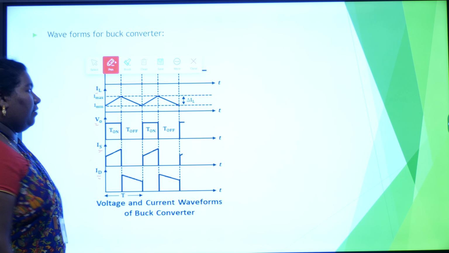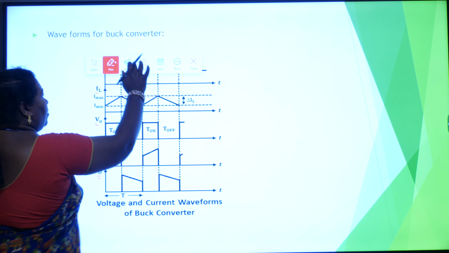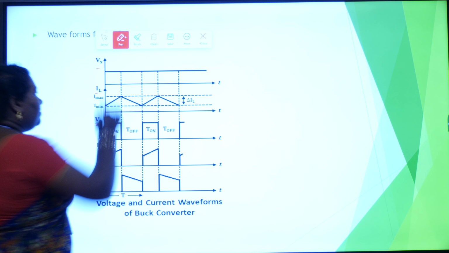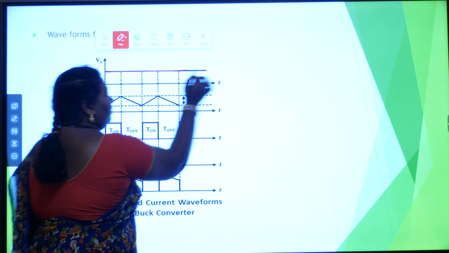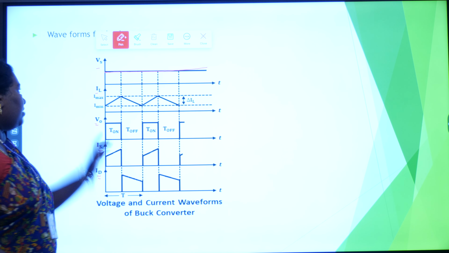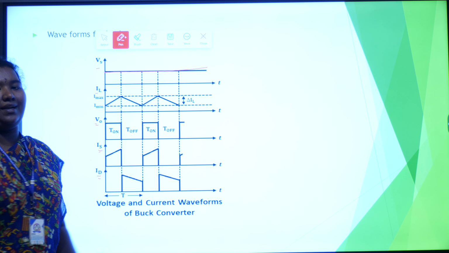In this waveform the total operation is shown. The input voltage, the supply, is a constant DC voltage, so the waveform will be a straight line.